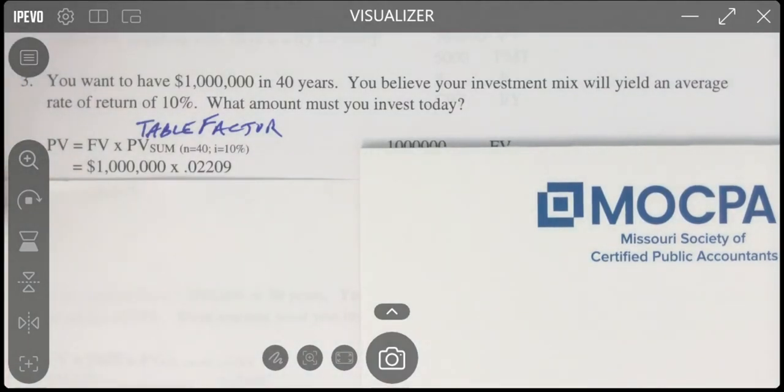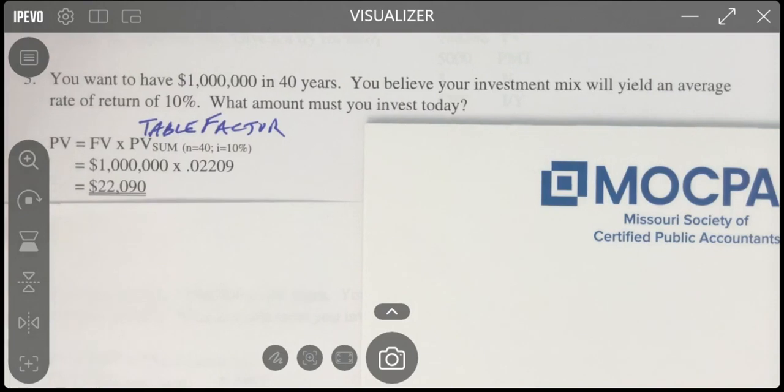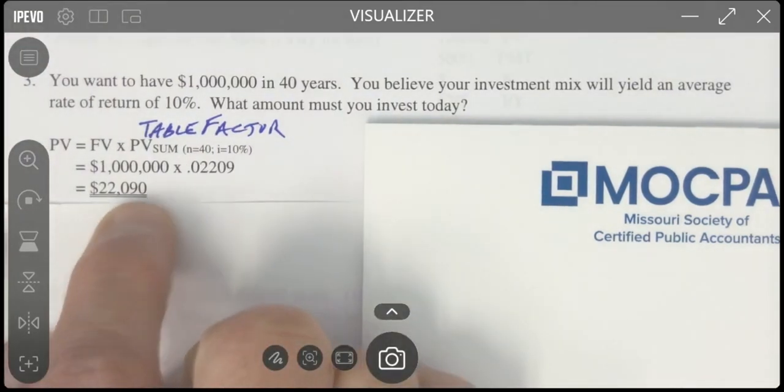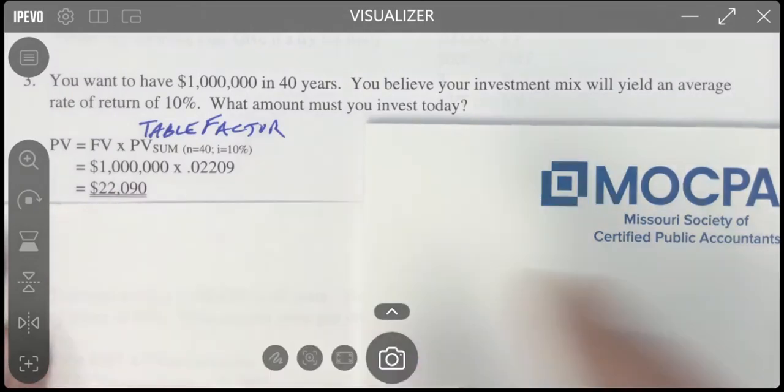And therefore, you want $1 million, and if you're 22 years old, you want $1 million when you're my age, 62. Put $22,090 away in an investment account and invest it and earn 10%, and you'll be there.